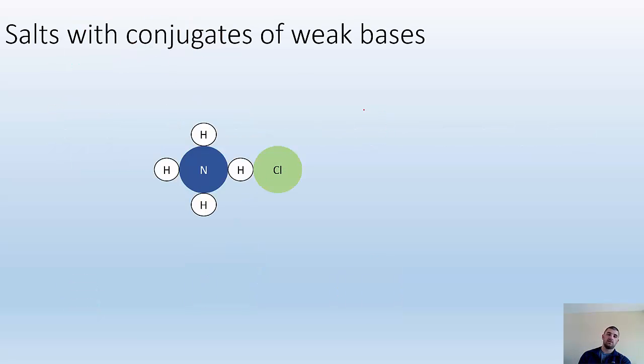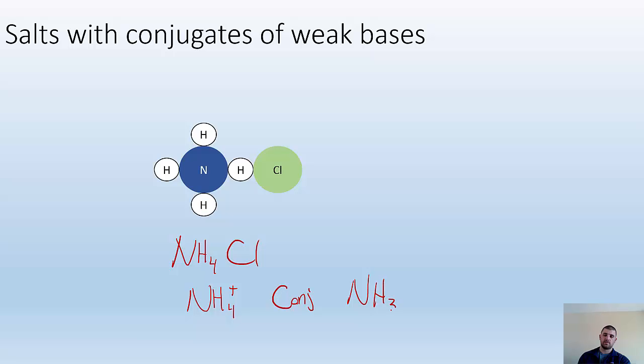So salts with conjugates of weak bases. Right here, this looks like I'm getting NH4Cl, and that NH4 is the ammonium ion, which is the conjugate of NH3, which is a relatively weak base. So NH4 is going to be acidic.